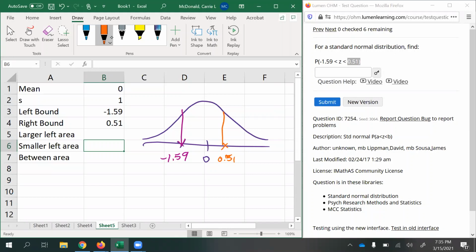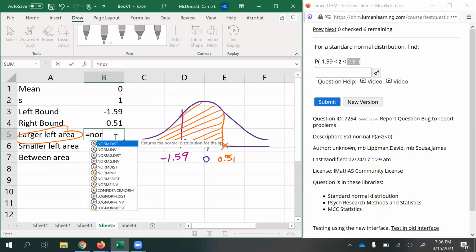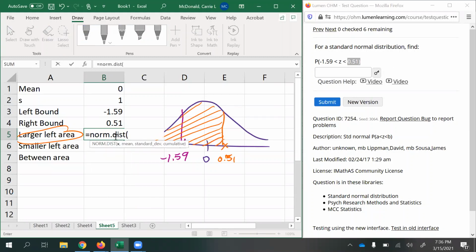All right, so now the larger left area is going to be from the rightmost bound. So that's going to give me the larger left area. So I'm going to use NORM.DIST on my right boundary with, again, the mean of 0 and the standard deviation of 1.